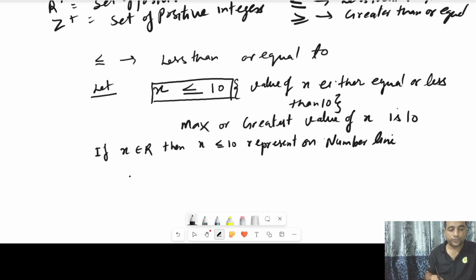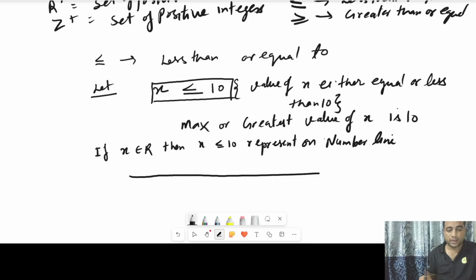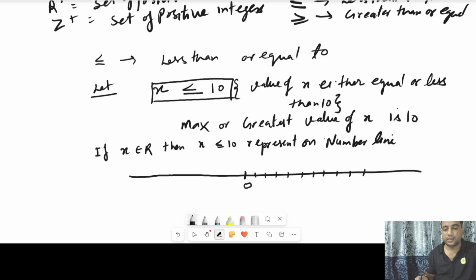So first we should draw a real line, and let here be 0. To the left of 0 lie the negative real numbers, and to the right of 0 all the positive real numbers lie. Now it is given that x is less than or equal to 10. Let's suppose these numbers are 1, 2, 3, 4, 5, 6, 7, 8, 9, 10.